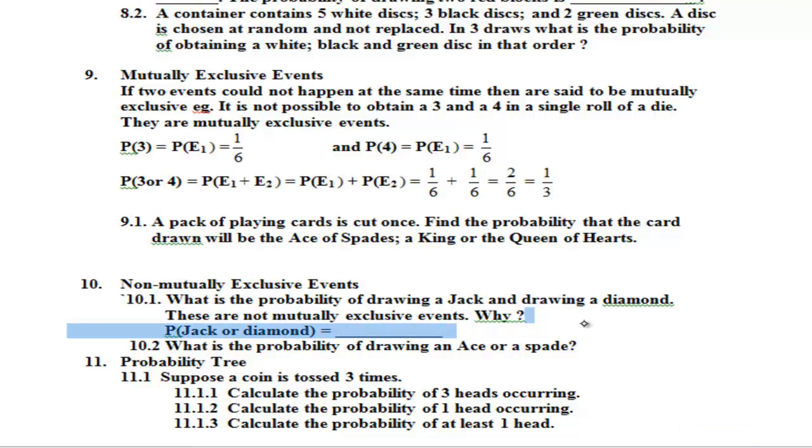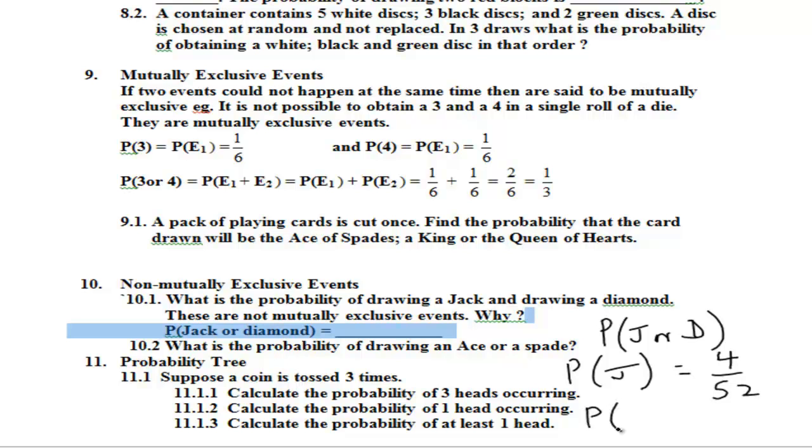First, the probability of us drawing a jack is 4 over 52. Then the probability of drawing a diamond: there are 13 diamonds, that's 13 over 52.